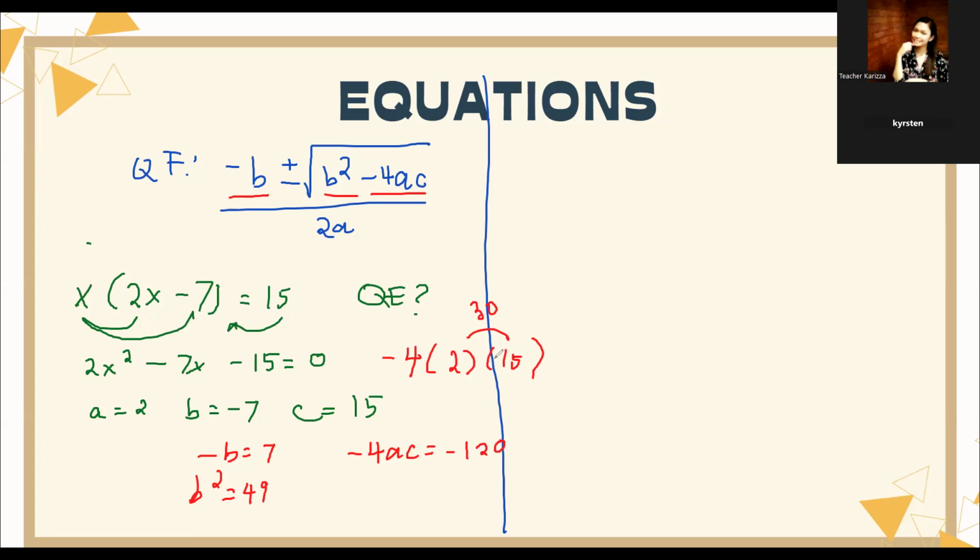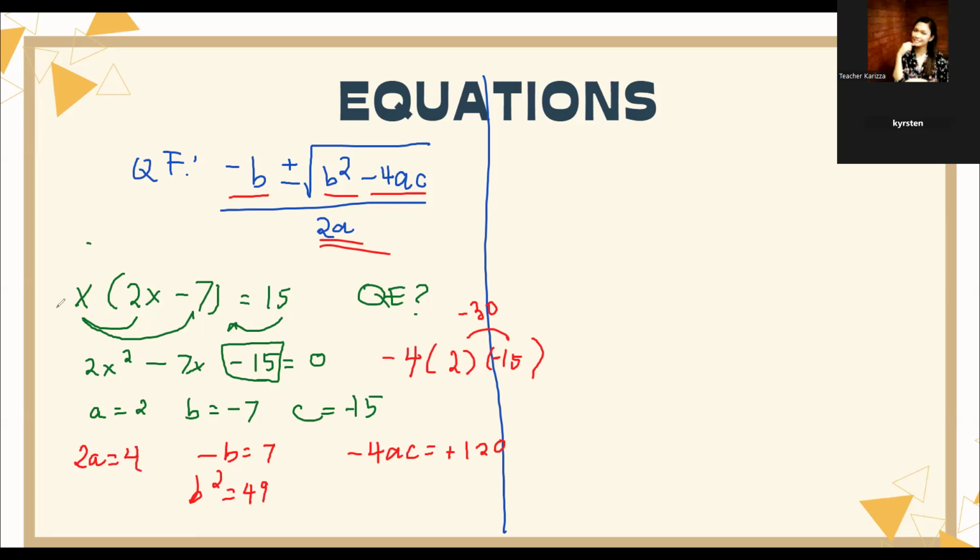Wait, negative 15 pala to, so it's positive 120. Tama, di ba? Kasi C is negative 15. And then lastly, we have 2A. So 2A is equal to 4.